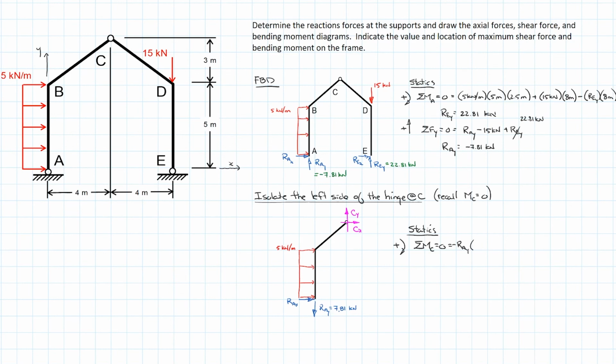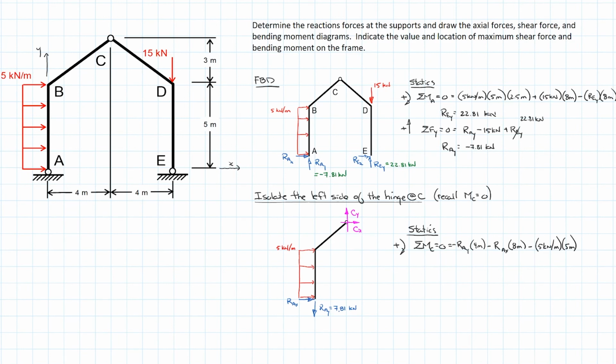and its perpendicular distance between C and RAY is 4 meters, minus RAX, which is a negative because it's trying to turn it counterclockwise, times 8 meters, minus the 5 kilonewtons per meter times 5 meters, and its perpendicular distance is the distance down from C to point B, and then another 2.5 meters.